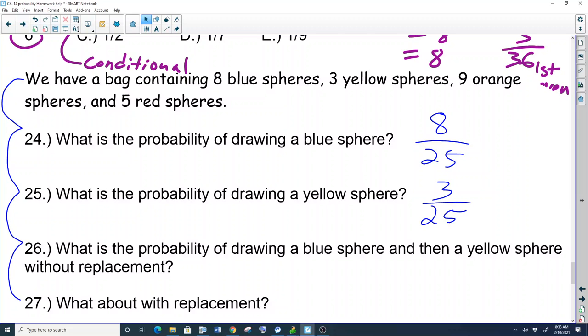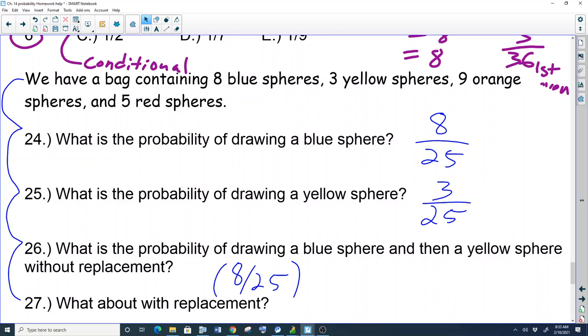There you go. But 26 does say, what's the probability of drawing a blue sphere, then a yellow sphere without replacement? Who wants to try this one for extra credit? Well, take one at a time. What's the probability of drawing a blue sphere? Good, good.